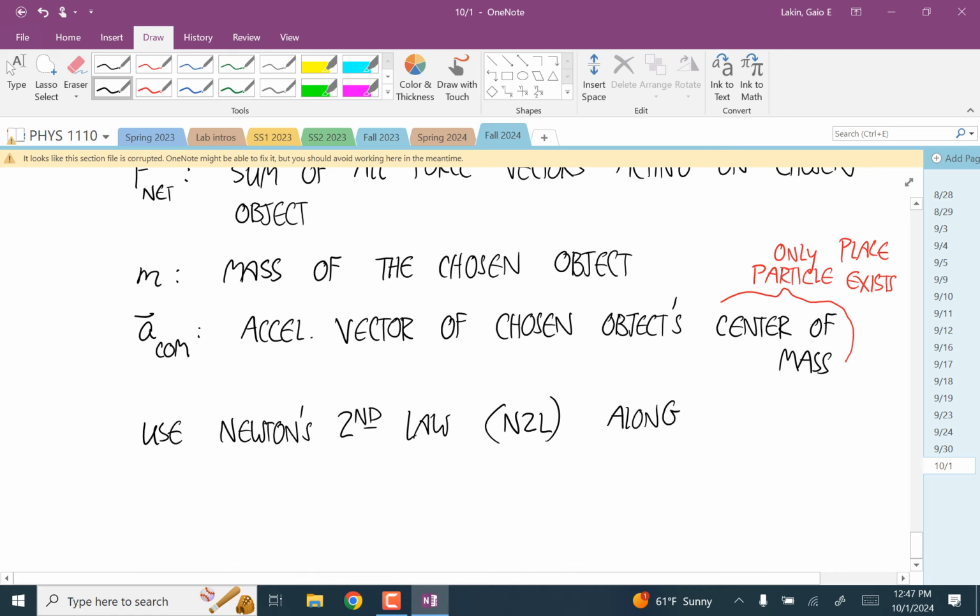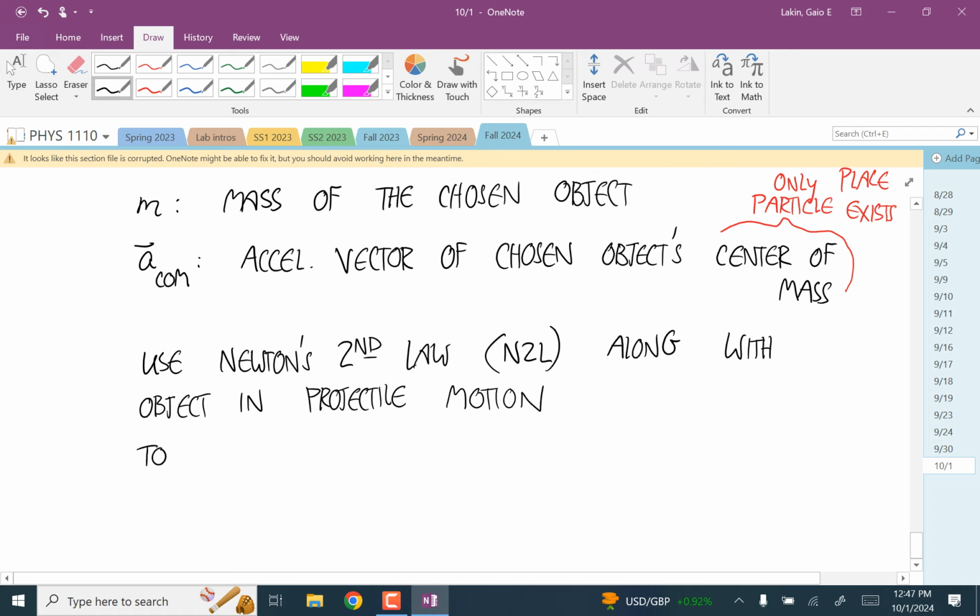Along with an object in projectile motion, to calculate the weight force gravity applies to objects.